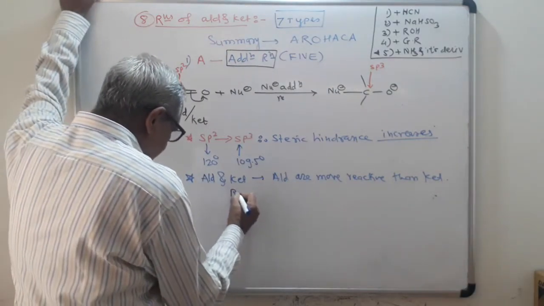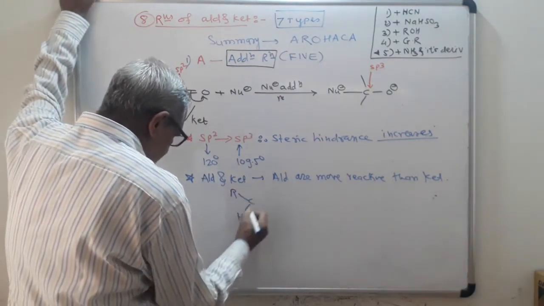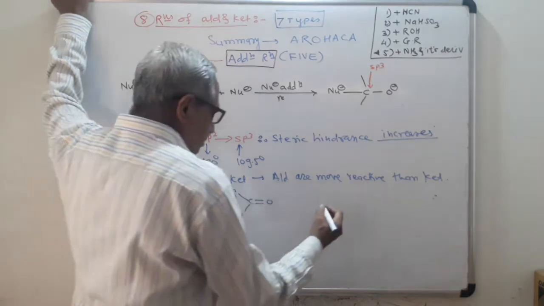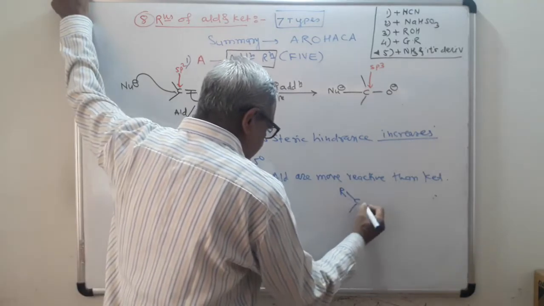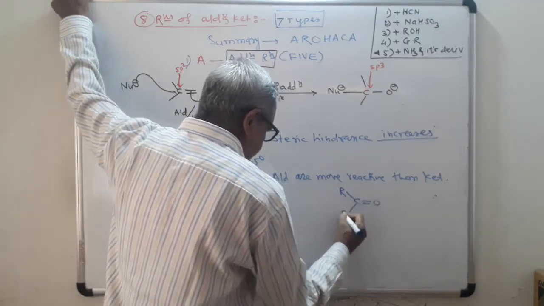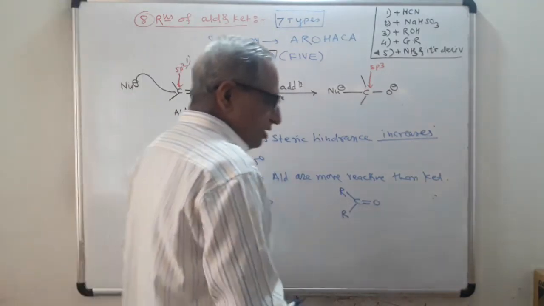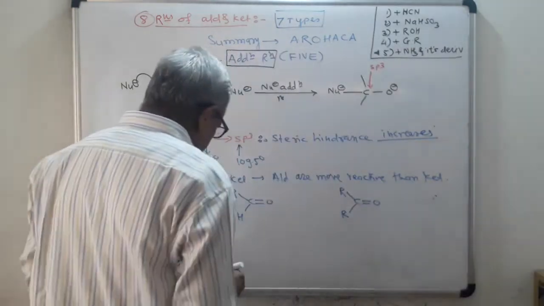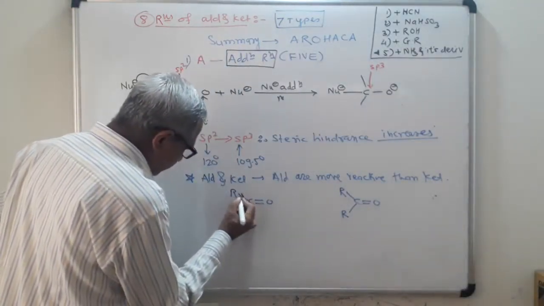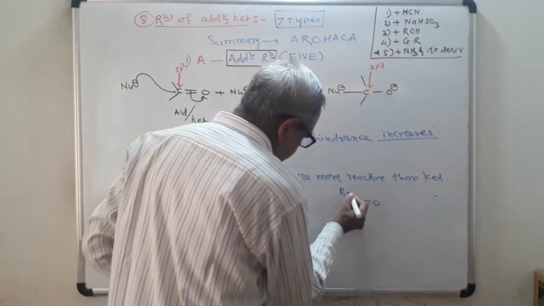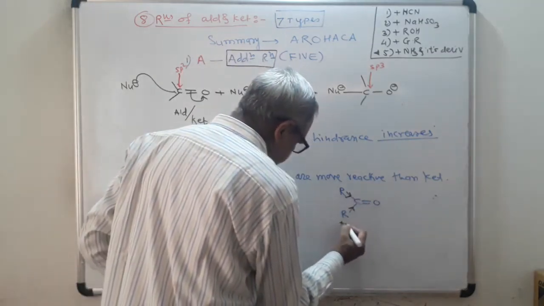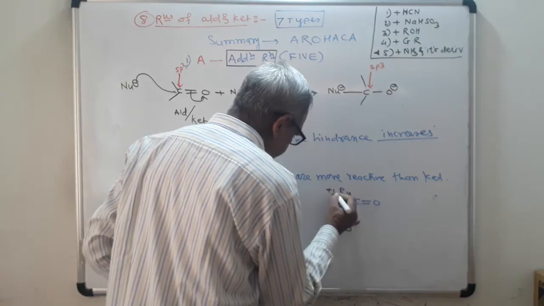Aldehyde has the formula RC double bond OH and ketone has the formula RC double bond OR. See, in aldehyde only one is an electron donating group, an alkyl group, which has a plus I effect. In ketone, two electron donating groups both have the plus I effect.